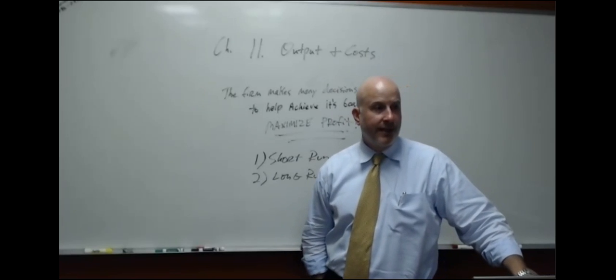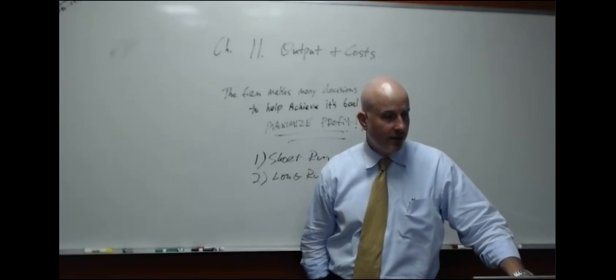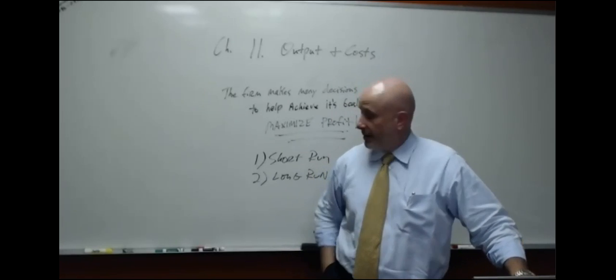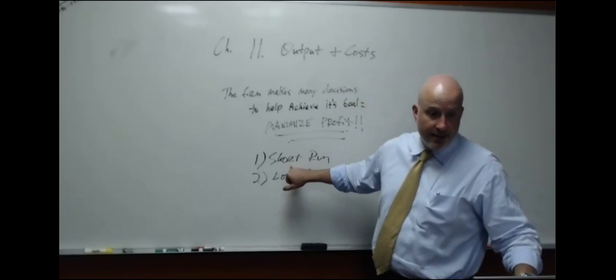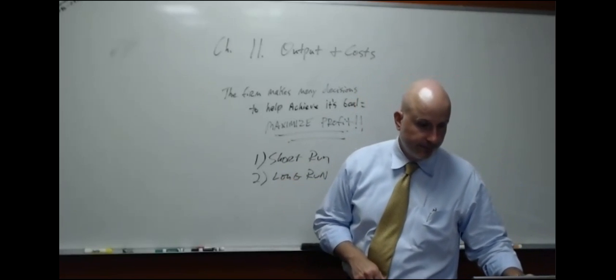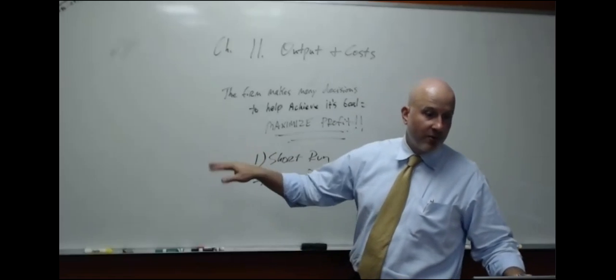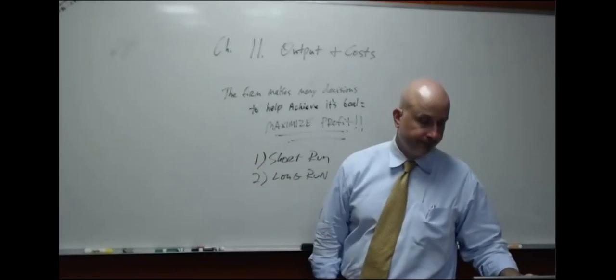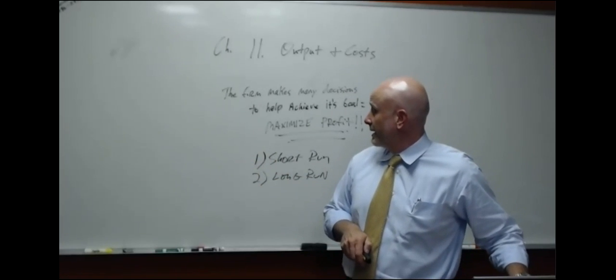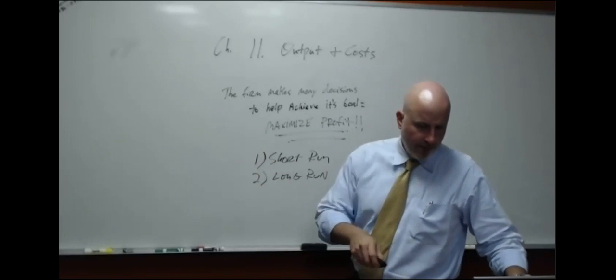And short run decisions are easily reversed. We're going to say at least one of the resources is fixed, and for most firms, we're going to say it's the plant. And again, short run decisions are easily reversed.